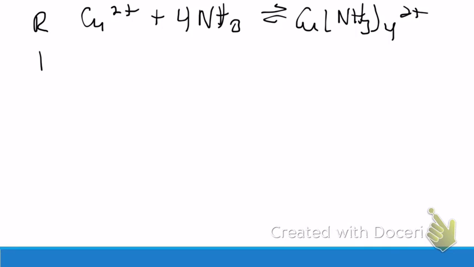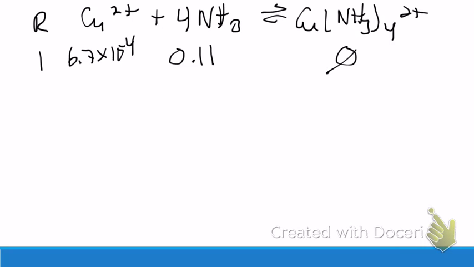Next we will put in our initial concentrations. For copper, that's 6.7 times 10 to the negative 4. For ammonia, that's 0.11, and we start off with no complex ion present.